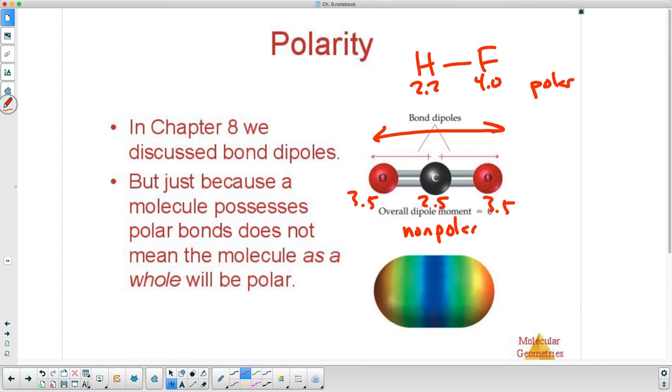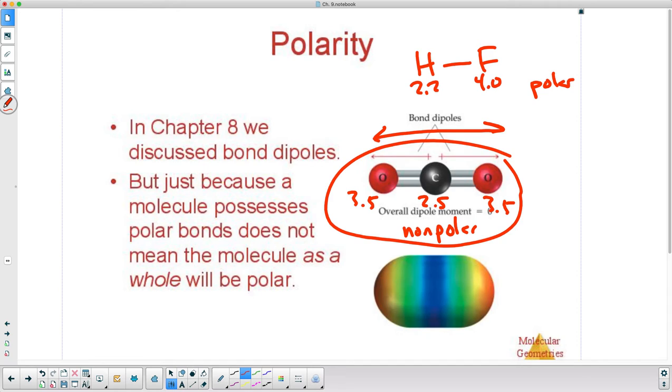But down here for carbon dioxide, it's very even because you have the same strength pulling on the outsides of this molecule, which because of the geometry, they cancel each other out. So this ends up being non-polar no matter what the difference is between oxygen and carbon.